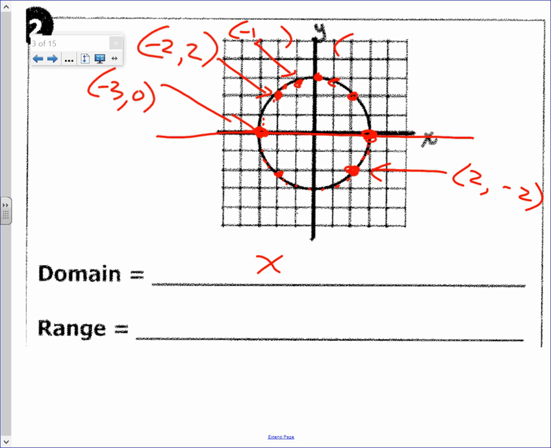Look at right here, x is 0 and y is something. X can be +1, +2, and +3, each with something. So look at -3, -2, -1, 0, 1, 2, and then 3. Okay, so x can be any number between -3 and +3.